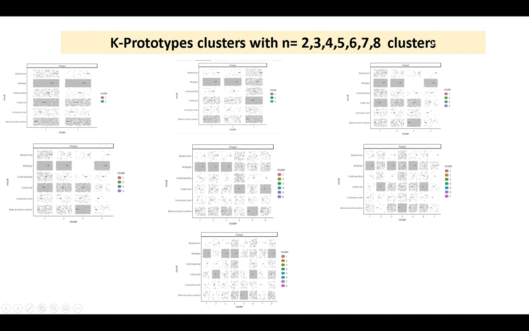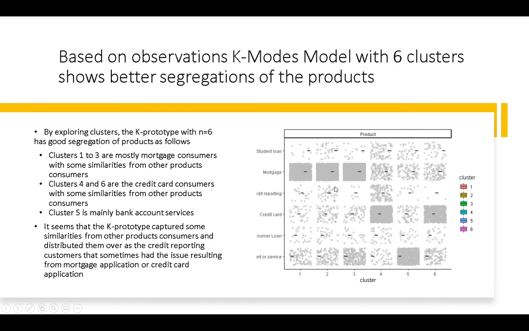This is the K-prototypes, which works mainly with K-modes and K-means. The clusters are similar to the ones from K-modes, and as you can see here, 6 clusters also show a high segregation with products.